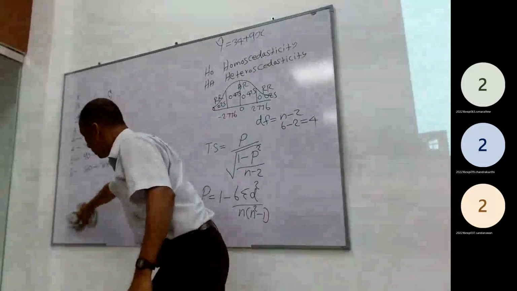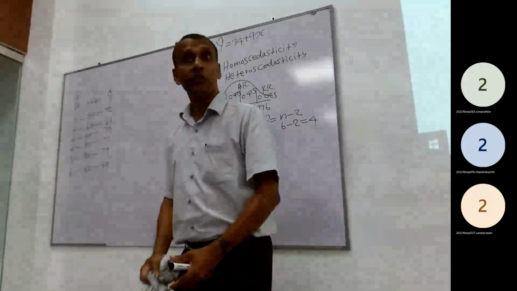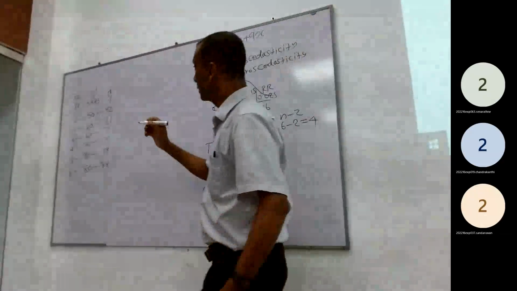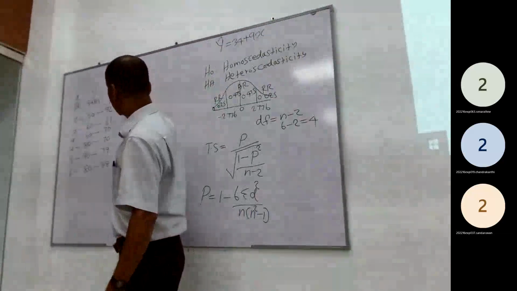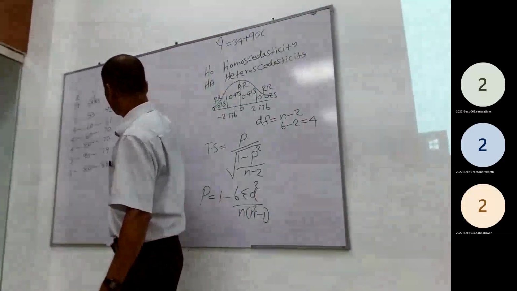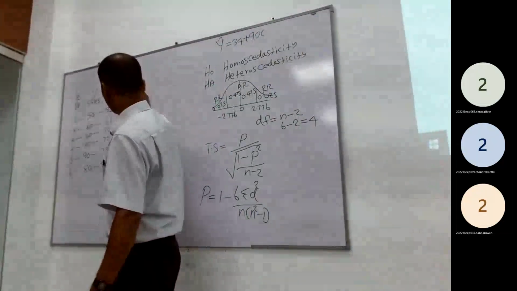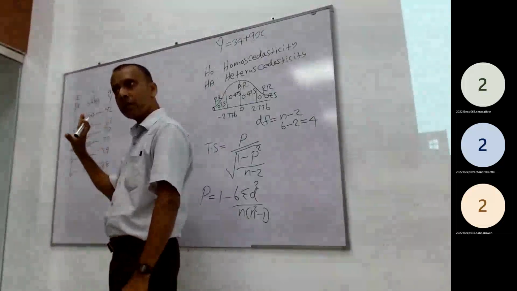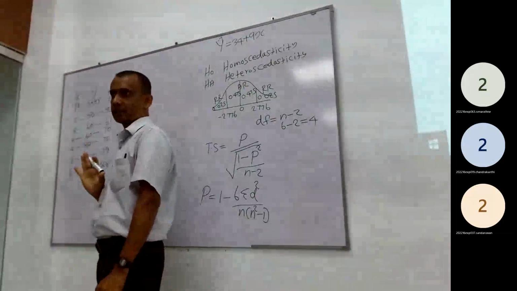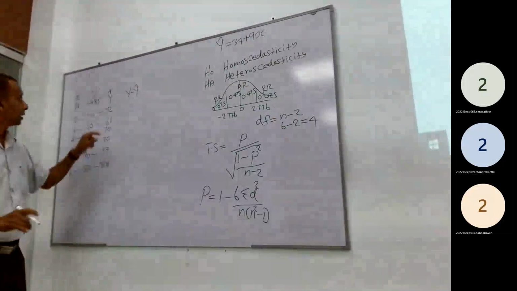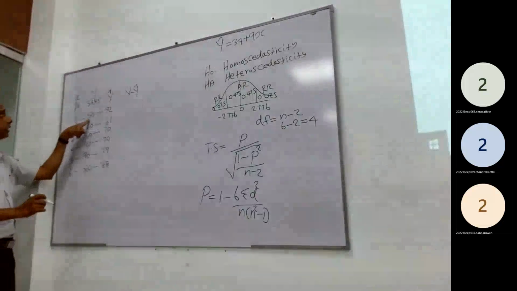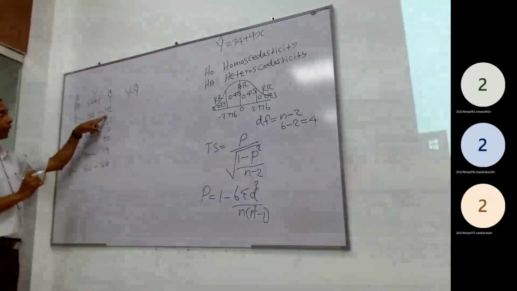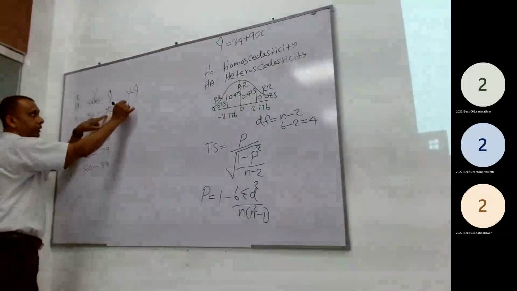Then I want to calculate the absolute value of residuals. First I take y minus y hat. It may be both plus and minus. First one, y is 50, y hat 52, minus 2.